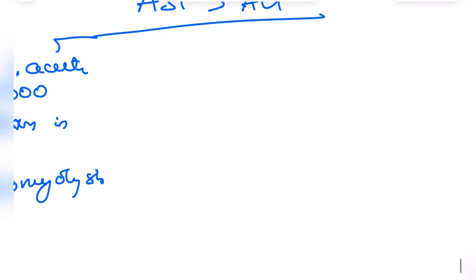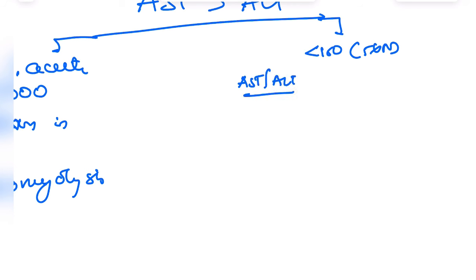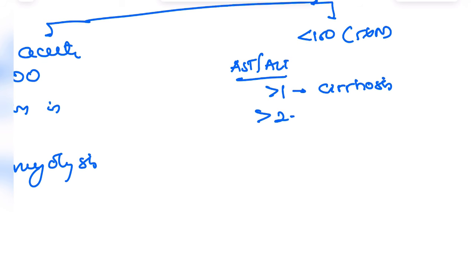And what if the values are less than 150 or 5 times the normal limit? Here you have to consider a ratio, the AST ALT ratio. If it is more than 1, it is suggestive of cirrhosis in underlying chronic liver disease, and more than 2 is suggestive of alcohol-related liver injury.